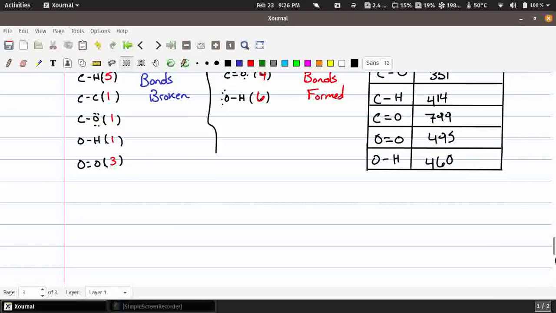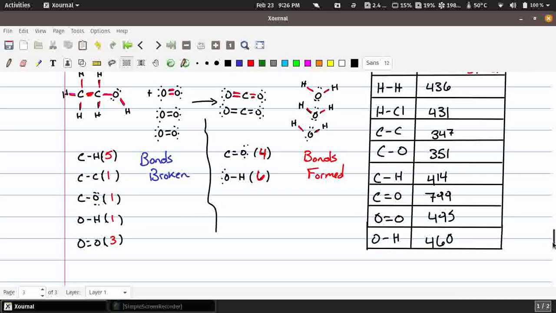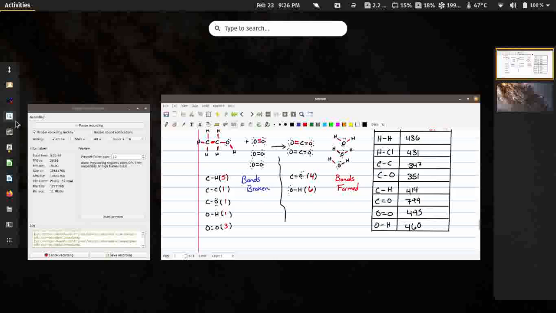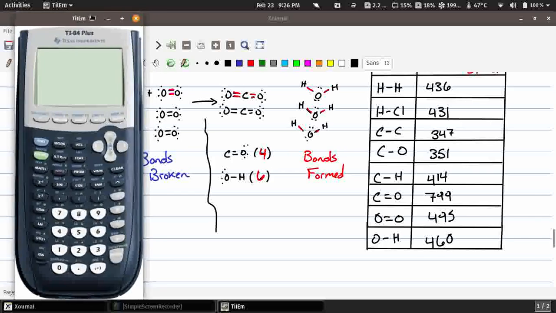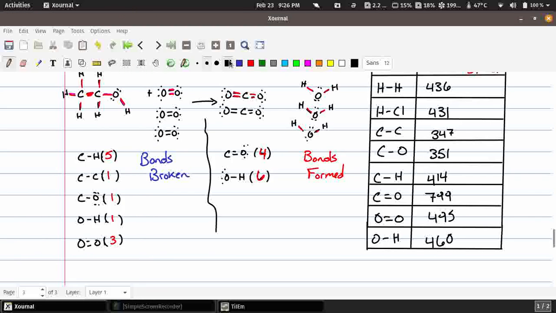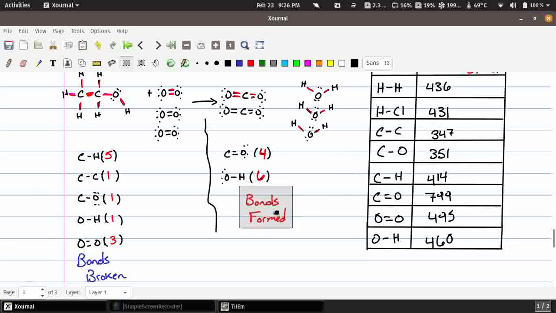Alright, because we're going to need to use our calculator for this, let's open that up. First things first, write down the values from the table next to this.